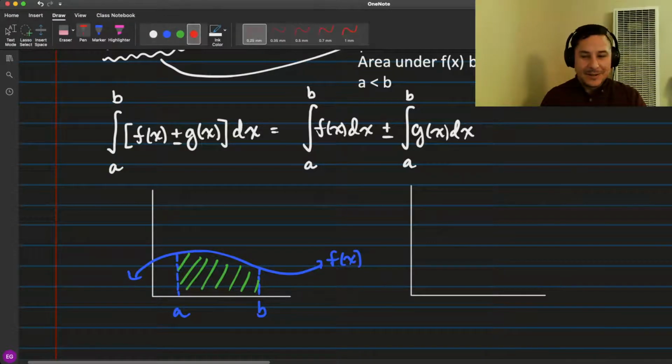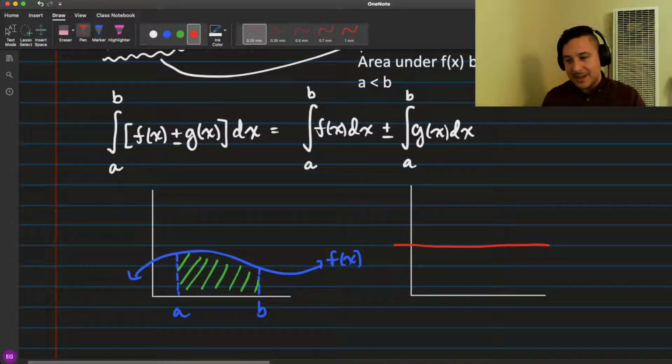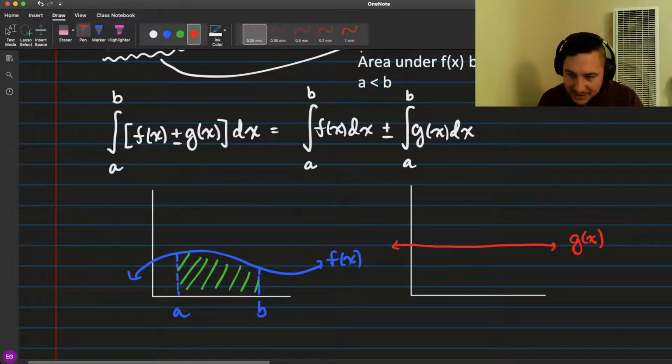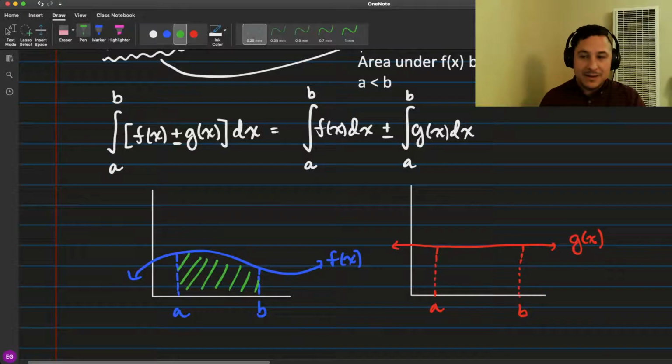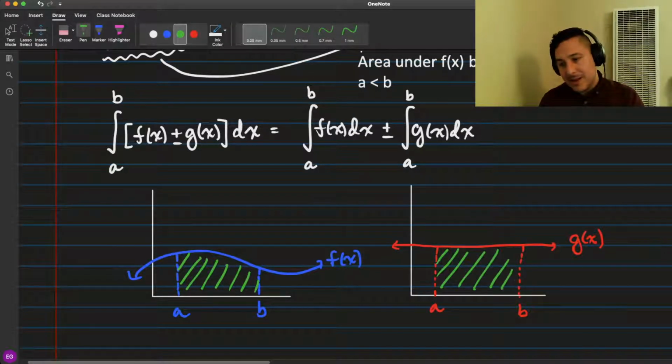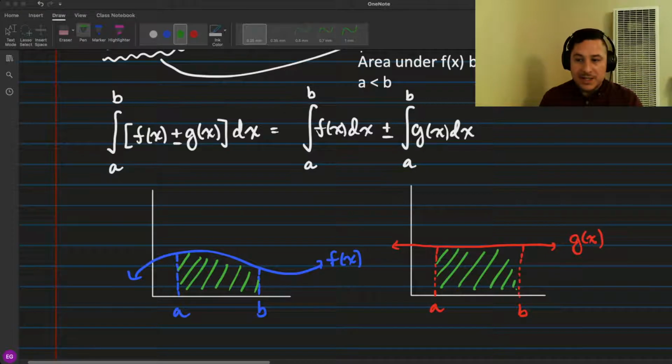Okay, and let's do g of x in red. So let's have g of x just be a straight line. Okay, and you're integrating from a to b. So you want this area in green. Okay, now the function f of x plus g of x, you get that by adding the two functions together, right?